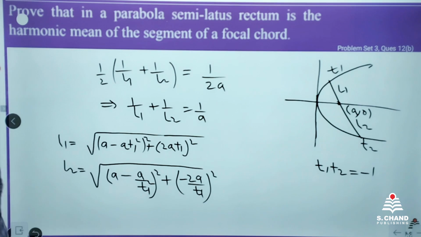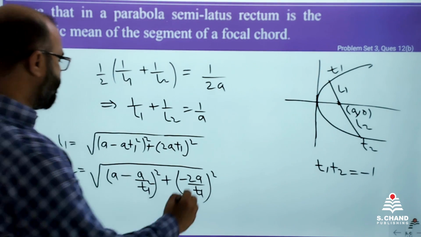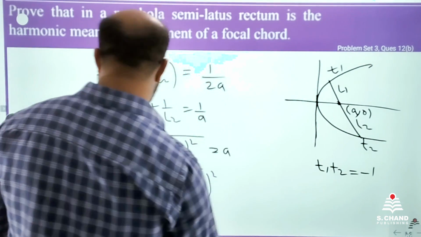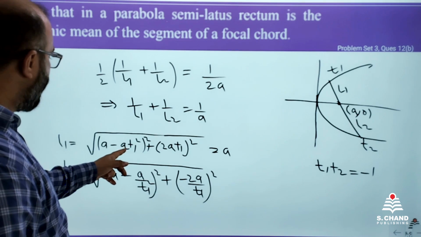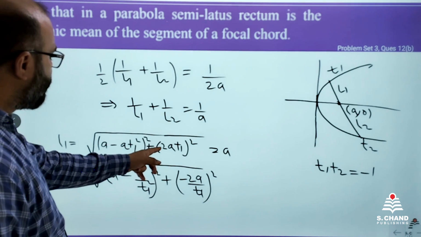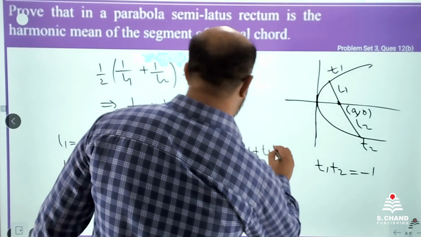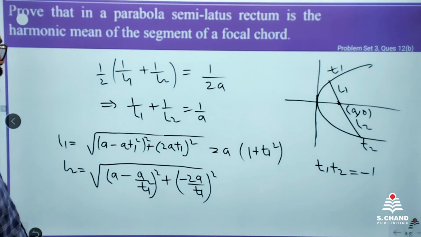Now if you take 1 by L1 plus 1 by L2, before that you can do some simplification. You can take a outside, and this will become 1 plus t1 to the power 4 minus 2 t1 square, and this will become plus 4 t1 square. So this will finally become 1 plus t1 square, after taking the root and square cancelled.